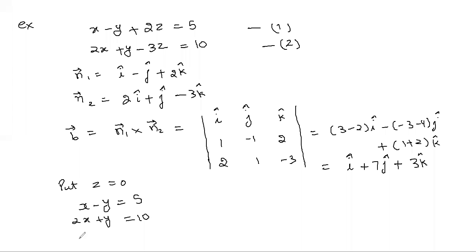On solving further, we get x equals 5, so the value of y is 0. So one of the points that lies on that line is (5, 0, 0). Now we have to find the equation of a line which contains (5, 0, 0) and the vector parallel to that line is vector b.